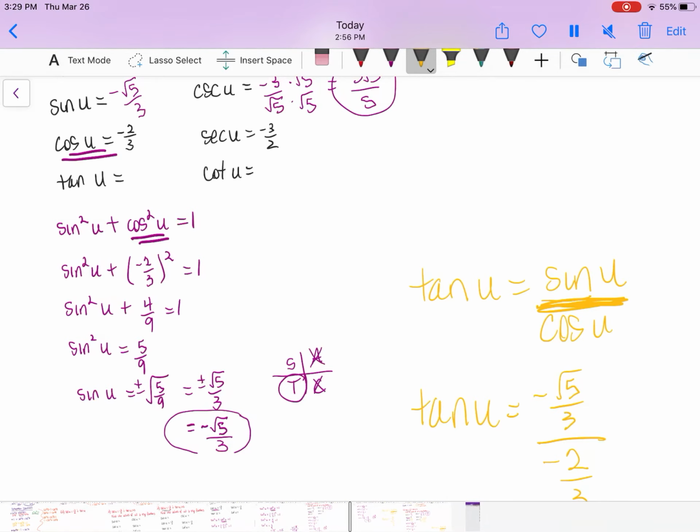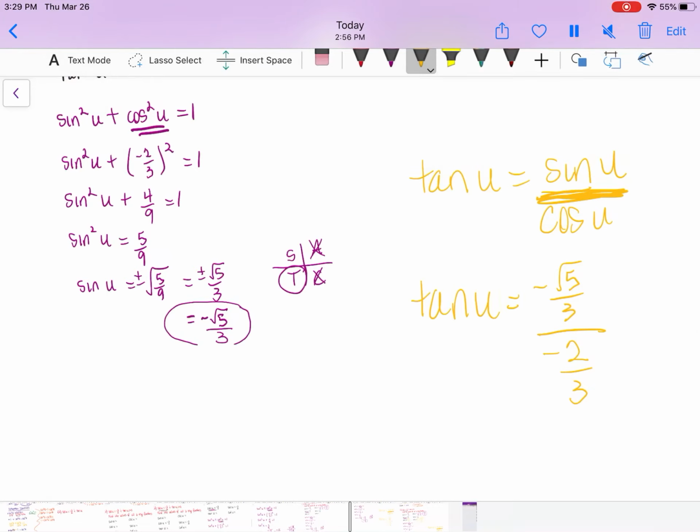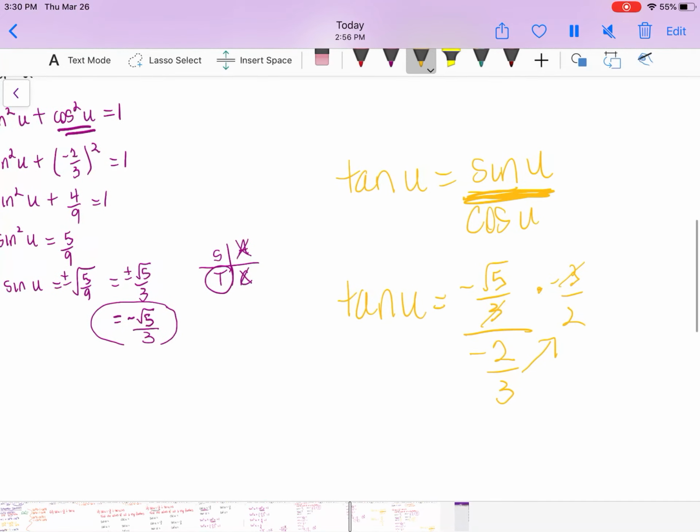Okay. And so I can solve for tangent now. Now that is a messy fraction, but how do you divide fractions? You multiply by the reciprocal. Not quite the same with not having you all here to answer my questions, but I could tell you were thinking it. So that's going to give us radical 5 over 2.